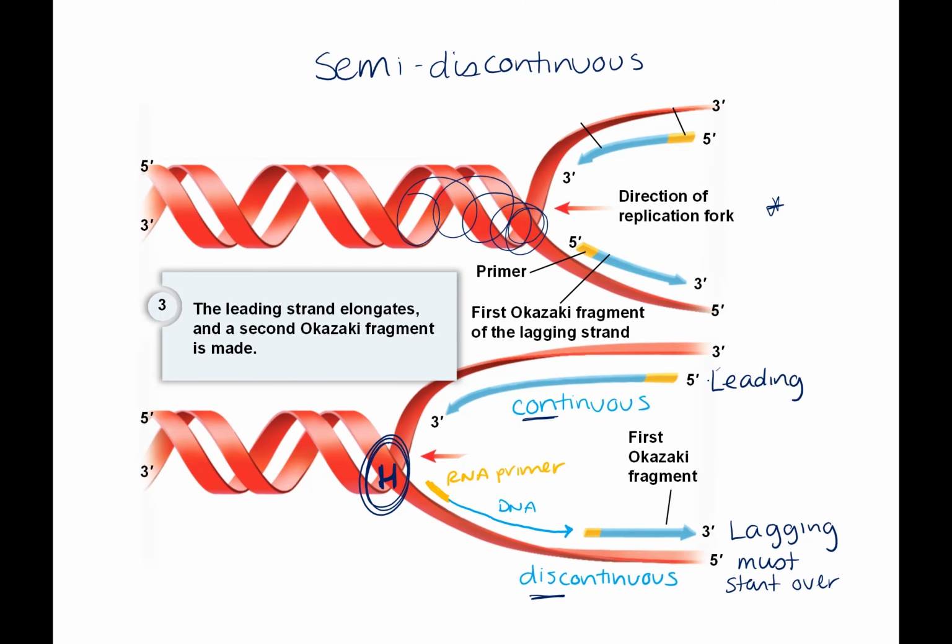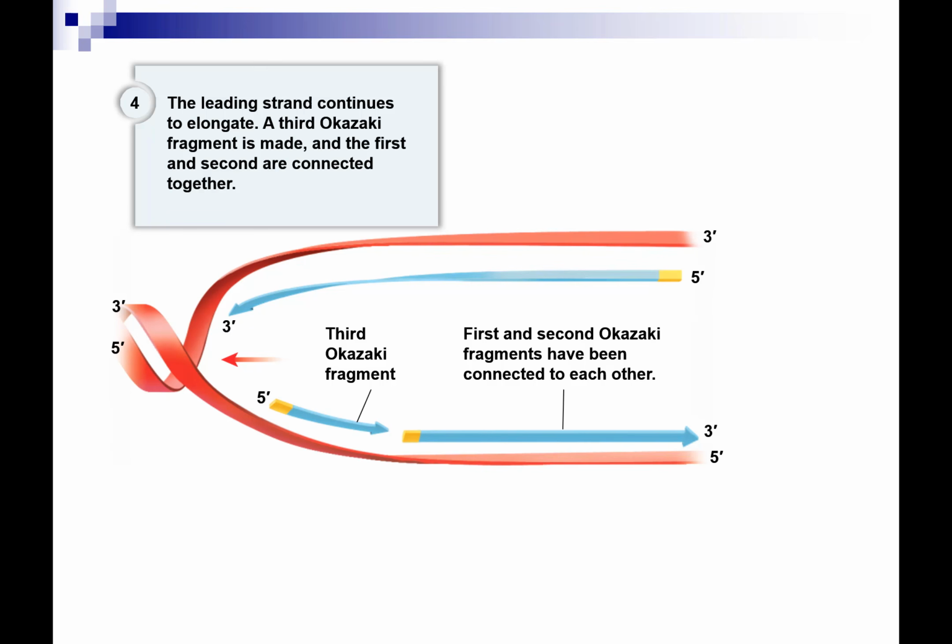Again, everything's anti-parallel and it's all based on base pairing. So if we opened up the DNA replication fork even more, we would continue making the leading strand, and we would continue restarting the lagging strand.